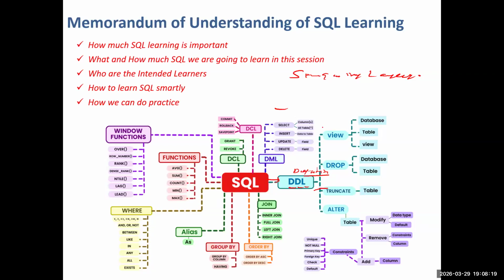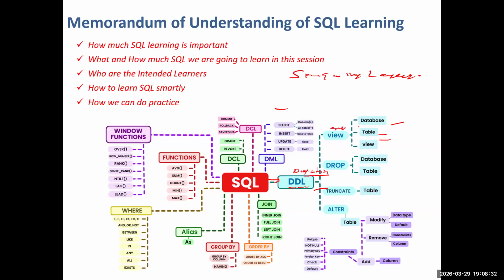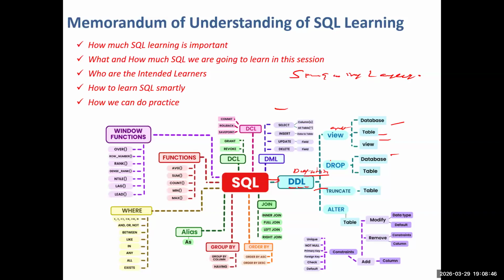With DDL, we create a table, create a database, create a view. Or we remove a table, remove a database, or alter a table: adding a new column, changing the column name, changing the data type. Everything is playing with the structure, the table definition and database definition.